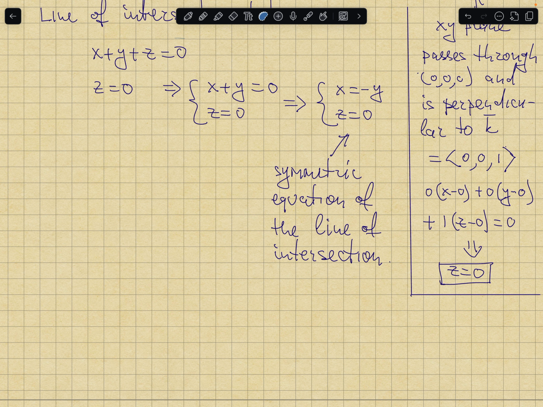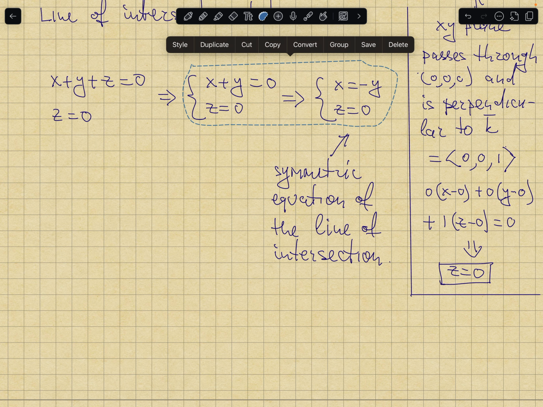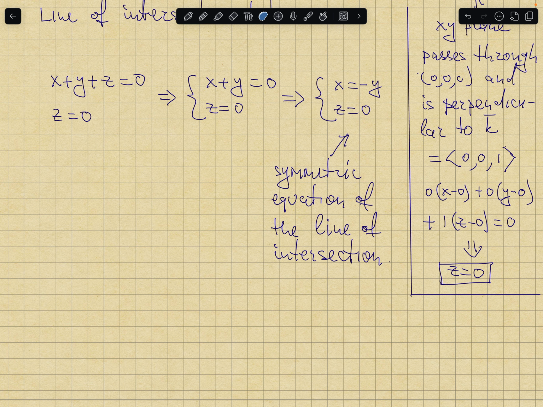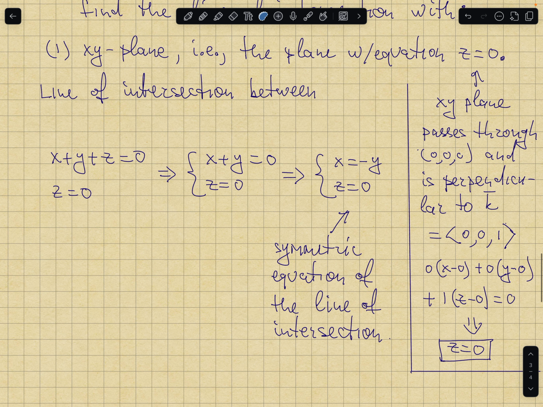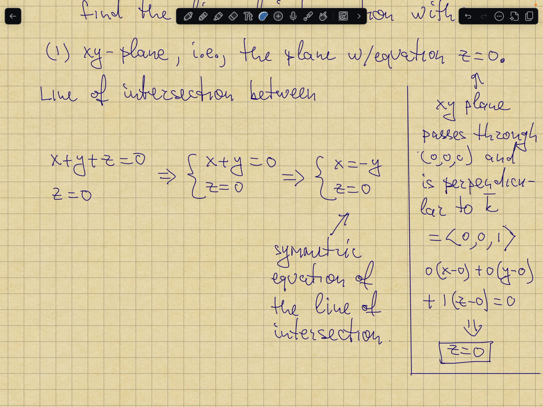And because they belong to both planes, they must satisfy both equations. And that's what we got here. Okay, and so x equal to minus y is the equation of a line that lies on the plane z equal to 0.